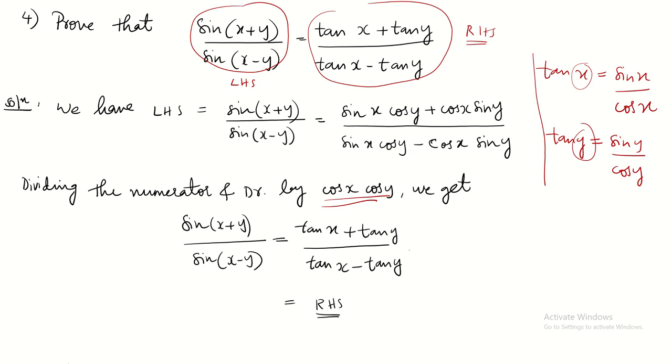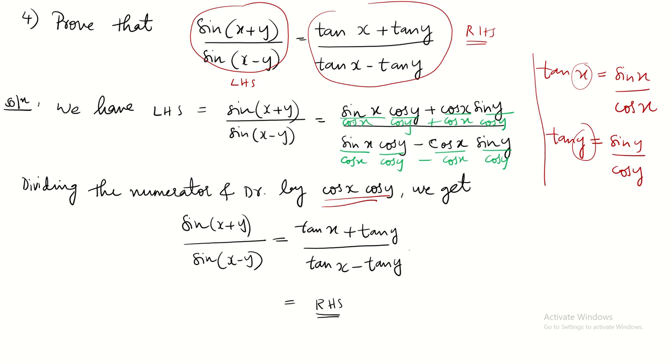Okay, you have to divide the term. So here sin x I'll divide by cos x cos y, plus this will be cos x cos y. Again here cos x cos y, minus here cos x cos y.